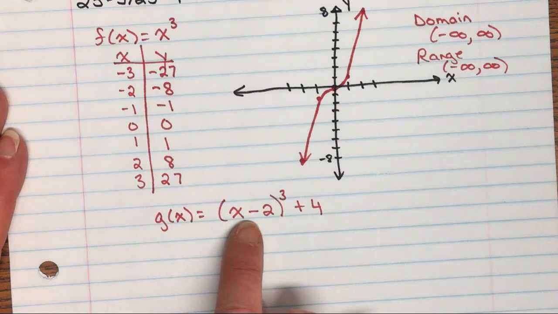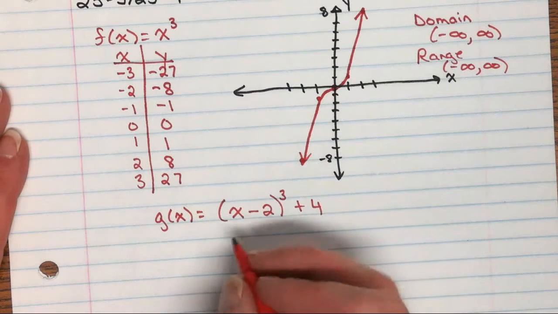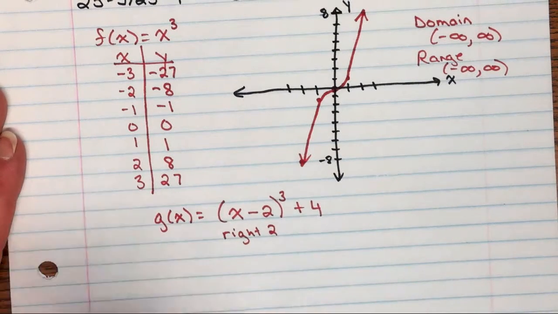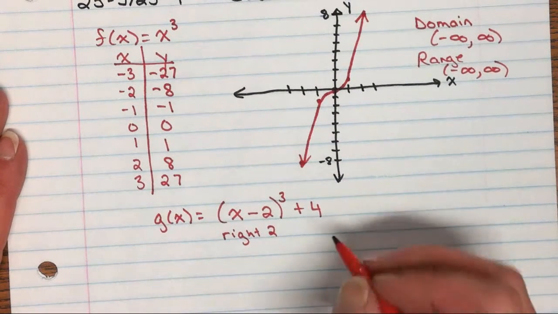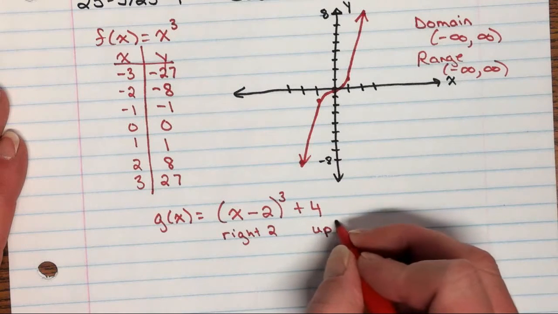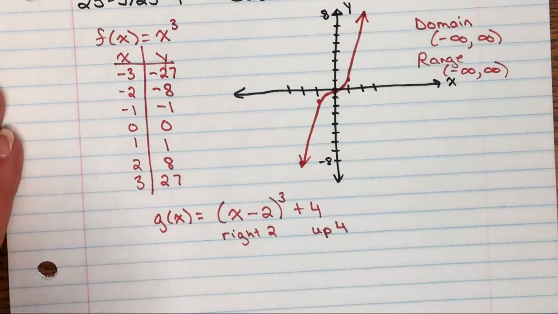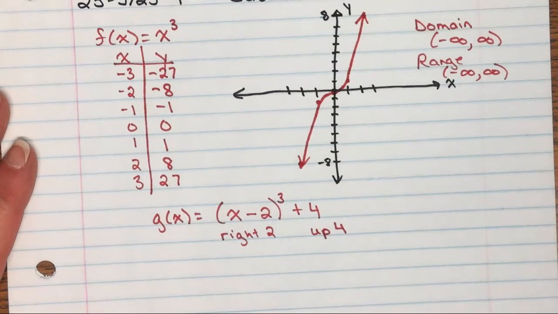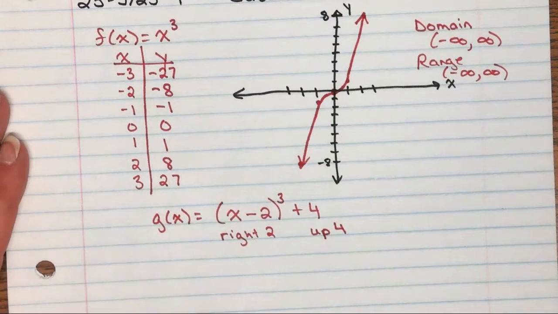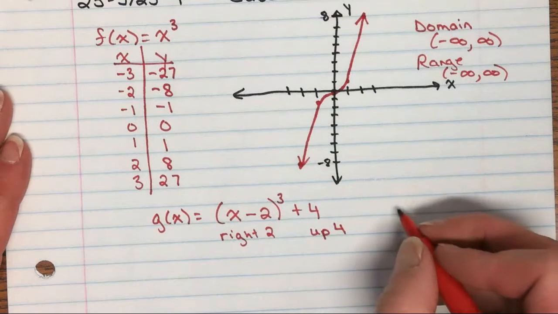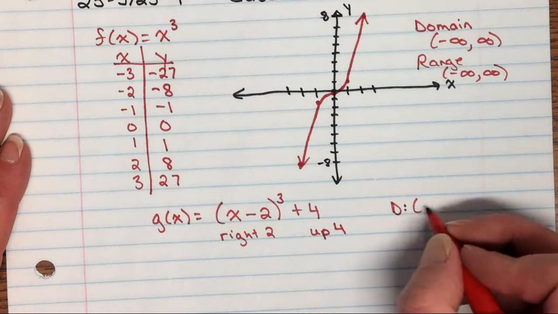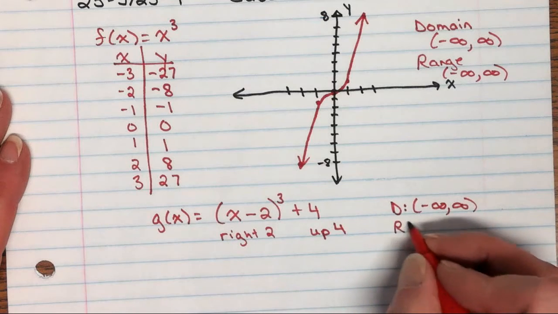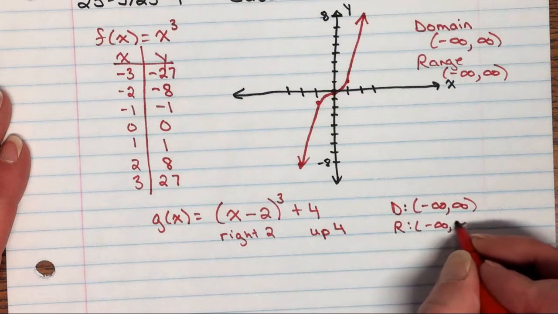Well, the x minus 2 is going to move it right 2. The plus 4 is going to move it up 4. What's that going to do to our domain and range? Absolutely nothing. It's going to stay all real numbers. The domain is still going to be -infinity to +infinity, and my range is still going to be -infinity to +infinity.